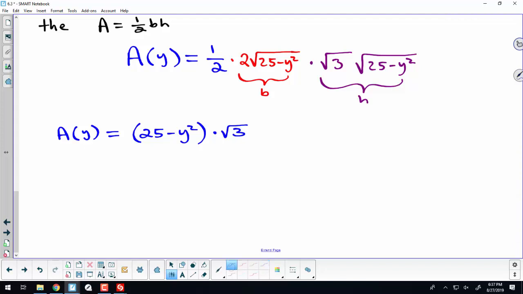So remember here, the volume is the integral of the area function with respect to y.